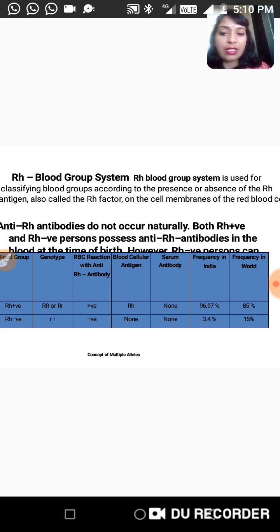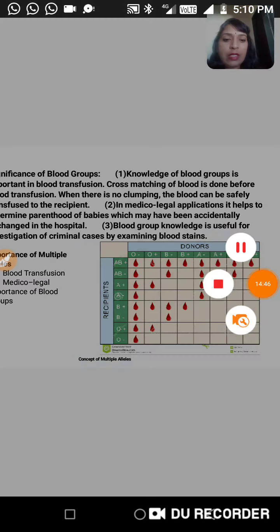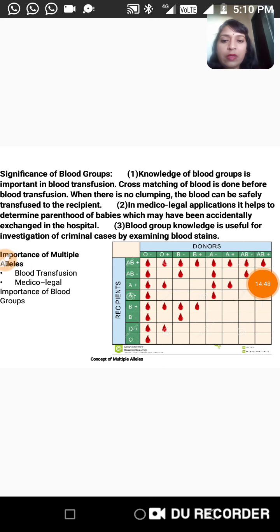Rh negative is always symbolized by small r genotype, and it doesn't show any reaction with the Rh antibody. The percentage of the people with Rh negative blood group type is very less, that is almost 15%.